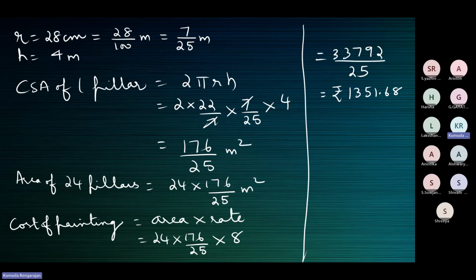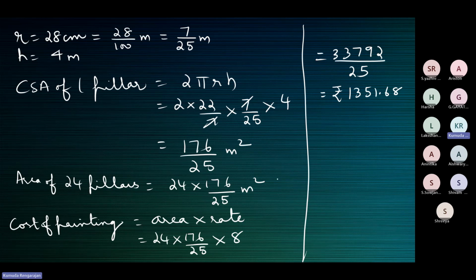So you can handle this in two ways. Here we have both the radius and height in meters. So find the CSA of one pillar, 2 pi RH. It will be in meters square because the values are in meters. So the area of 24 pillars will be 24 into 176 by 25.